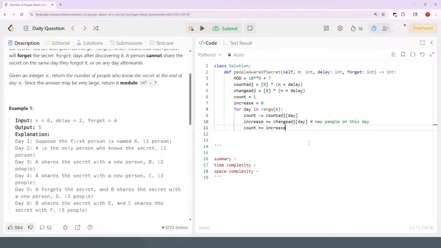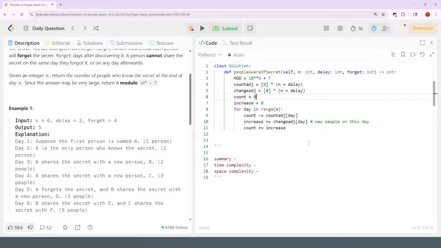Maybe I should be... that right? How does the first person get it then? Okay, I think I probably actually should start with count 0 then. And it should be increase.